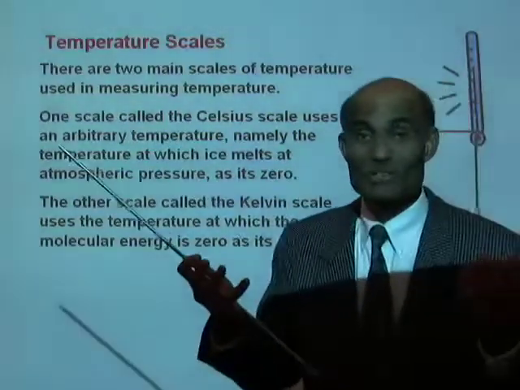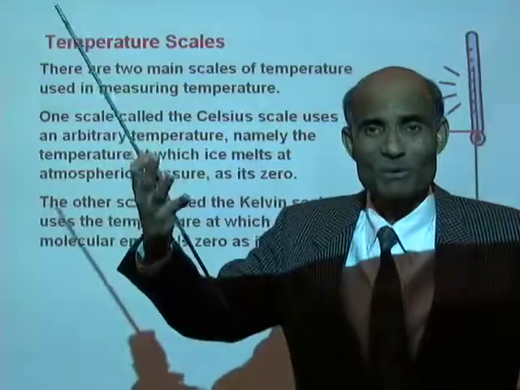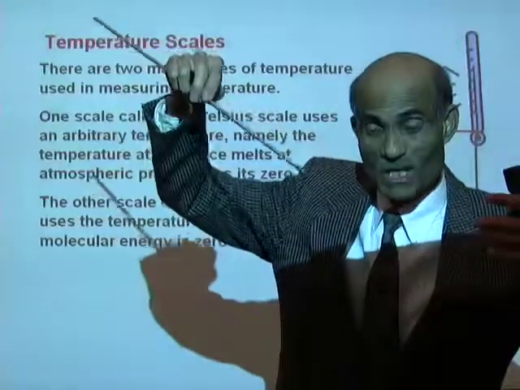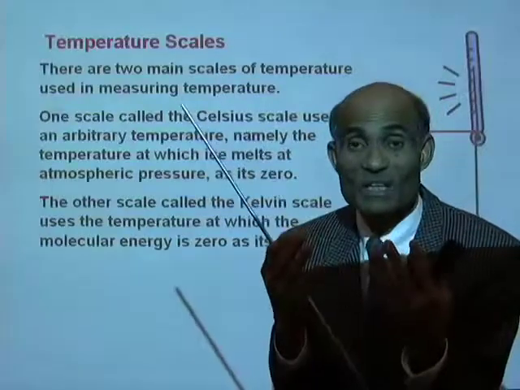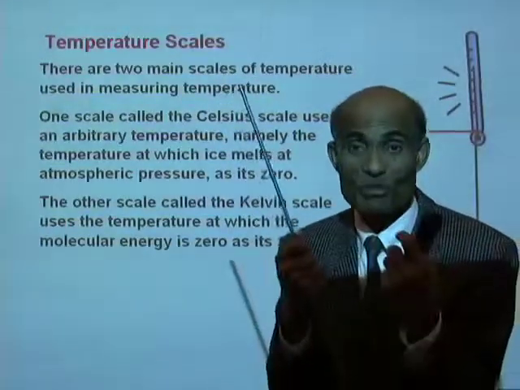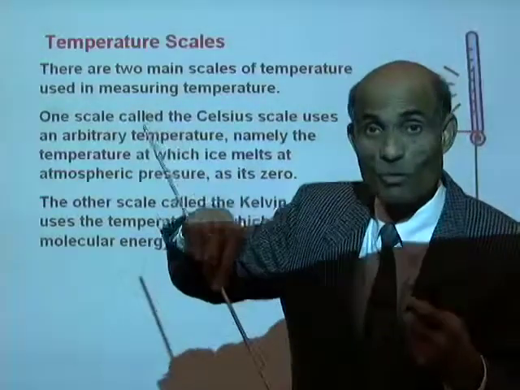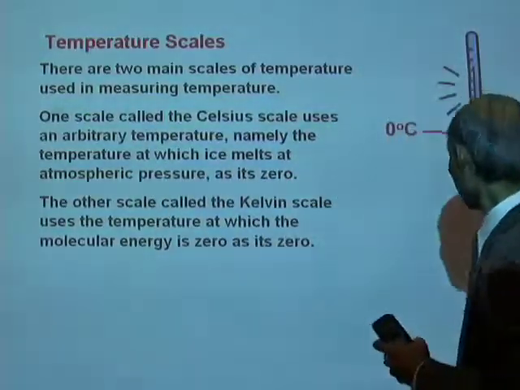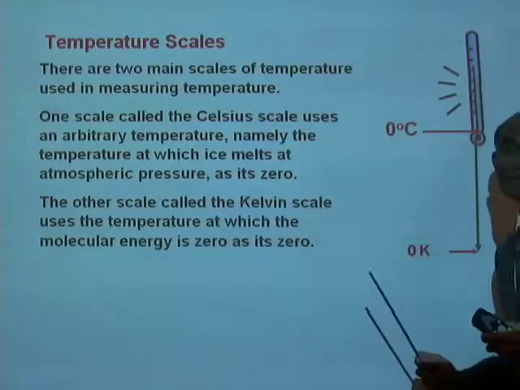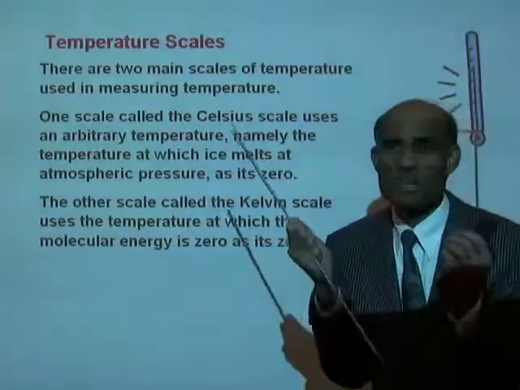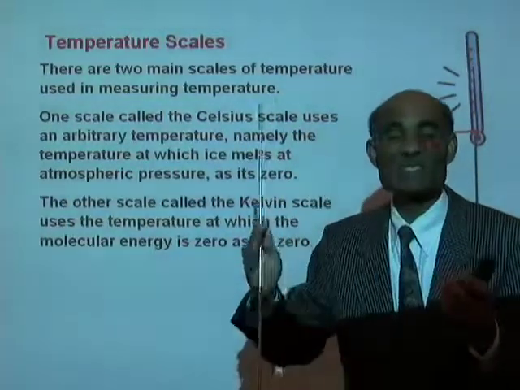At 0 degrees Celsius, the internal energy of the object is a very high value. In order to reach a stage where the internal energy is 0, or the kinetic energy of vibration or translation of the object is 0, you've got to go way down over here, and that is what we call 0 Kelvin. So 0 Kelvin is the temperature at which the molecules are absolutely at rest.